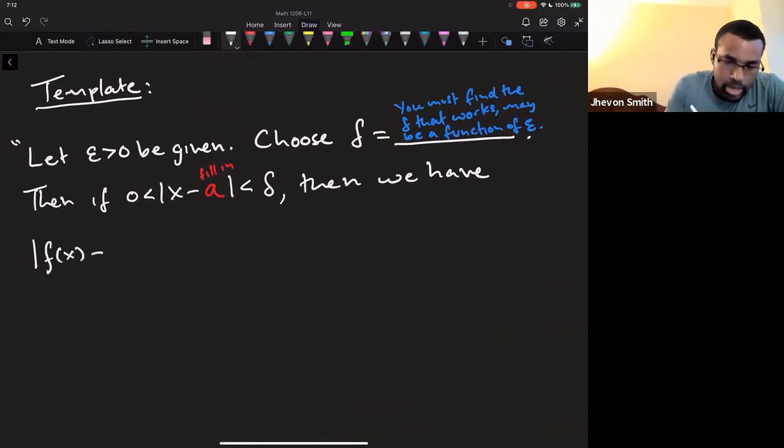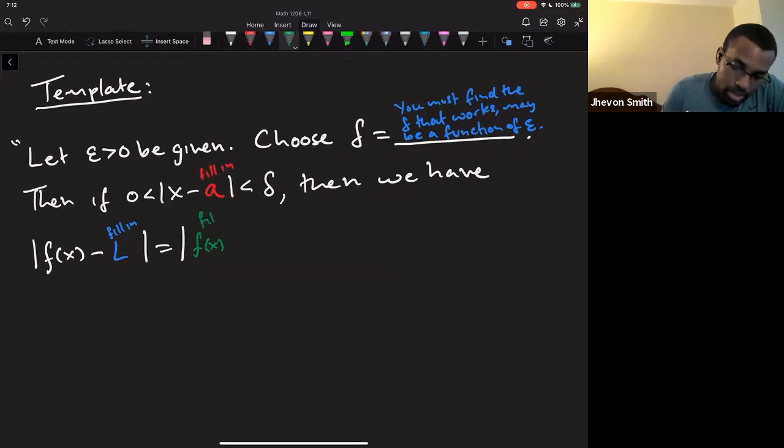F of x minus L, we're going to fill in, equals f of x, fill in, minus L, equals blank.